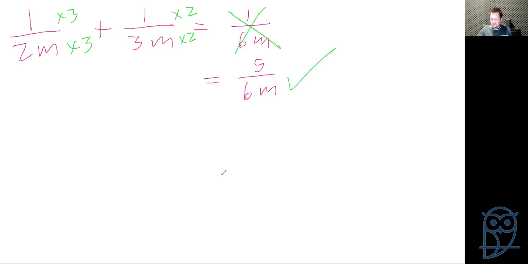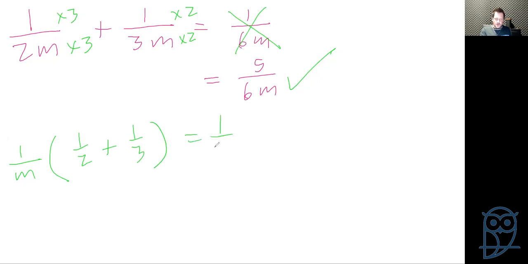Good option. The other option you have is taking out a common factor. But what would the common factor be? It's not just m, it's actually 1 over m, being that m is in my denominator. So it has to be 1 over m. And then it is simply a half plus a third.